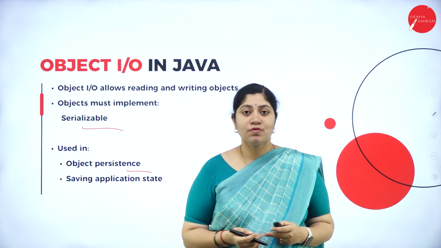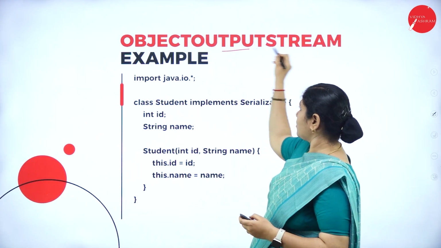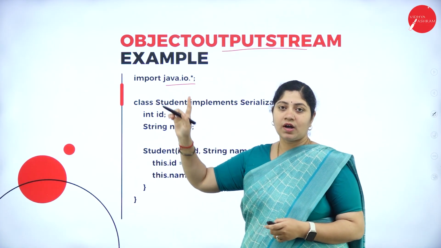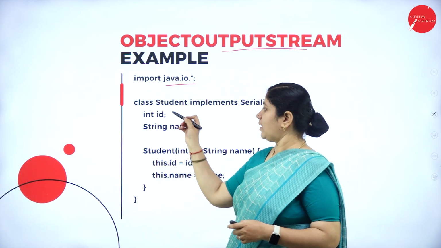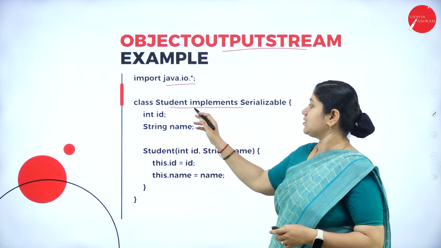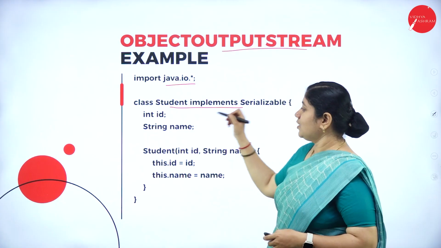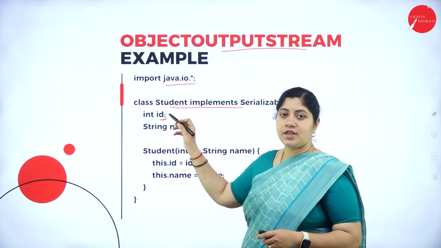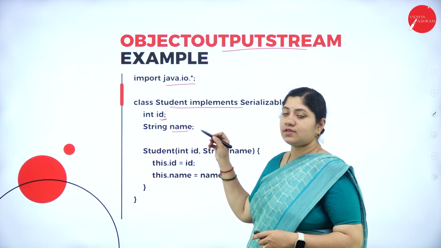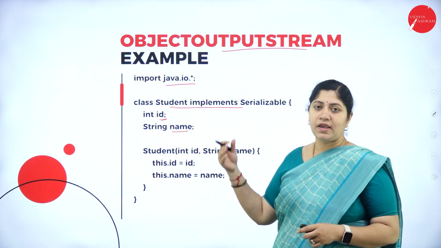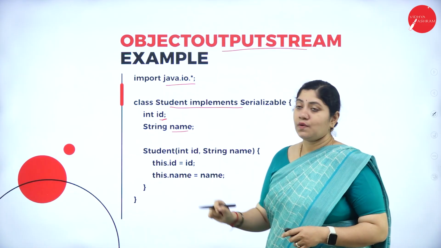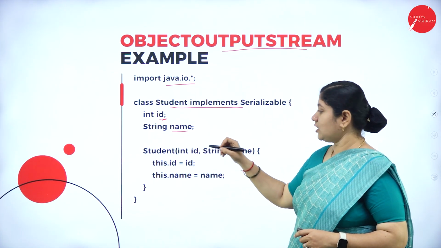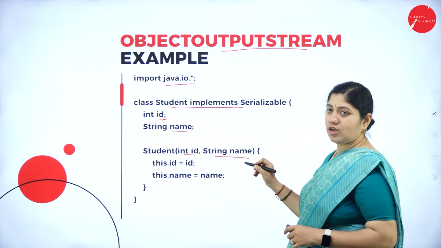Great. Now let's move forward. First one is the object output stream example. Again here we are importing the Java IO package, followed by defining the class, that is Student implements Serializable. For this we are declaring an integer named ID and a string with a name. Any name can be given. Followed by that, we are writing a Student object which includes student ID, then student name.